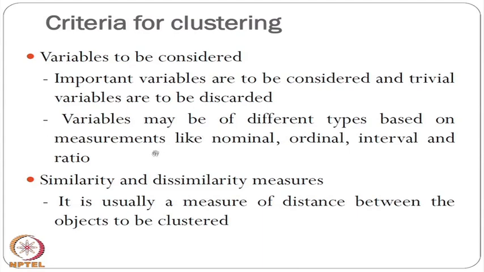Variables may be of different types based on measures like nominal, ordinal, interval and ratio. This is a very important point, because although we will not be discussing much about data types, if all your data are measured on an interval or ratio scale, then things become easier.